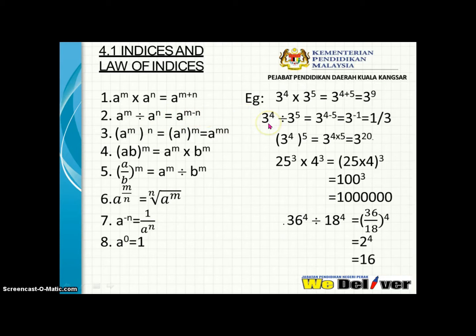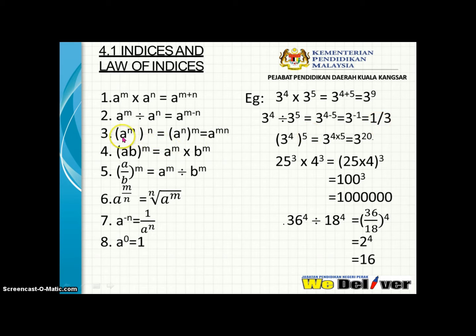So look at the example. 3 to the power of 4 divided by 3 to the power of 5 equals 3 to the power of 4 minus 5, so equals 3 to the power of negative 1. And 3 to the power of negative 1, we consider as negative integers. So for negative integers, a to the power of negative n, we can write as 1 over a to the power of n. So 3 to the power of negative 1 we can write as 1 over 3.